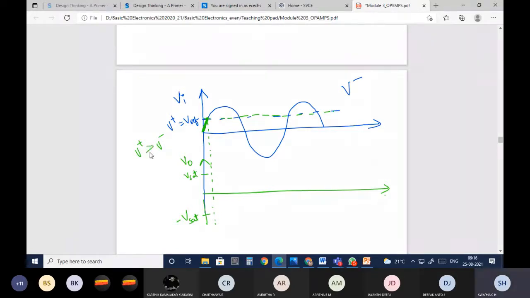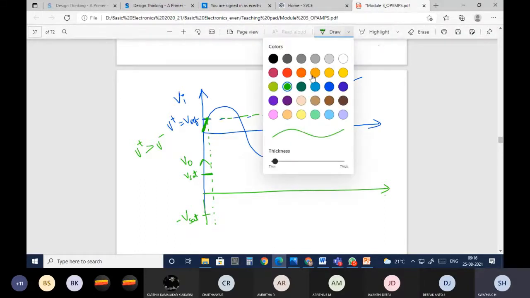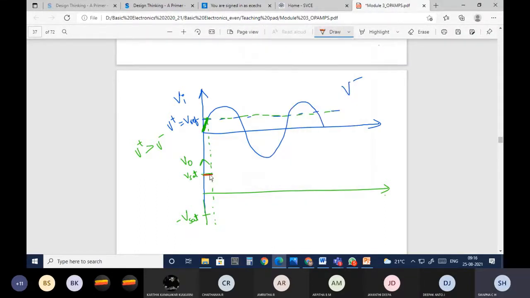Could you see VSAT, right? So plus VSAT in the sense, from here to here, my output will be plus V saturation. This is my output from here to here. Now come back.